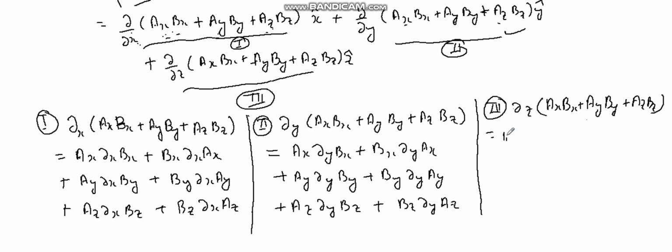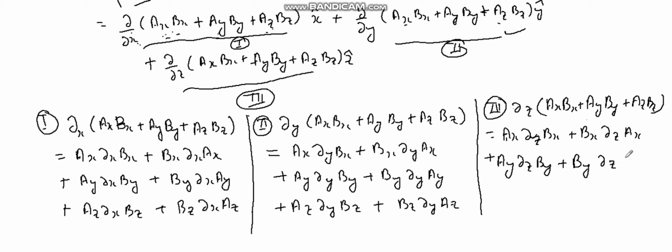So we have ax del z bx plus bx del z ax plus ay del z by plus by del z ay plus az del z bz plus bz del z az, right?